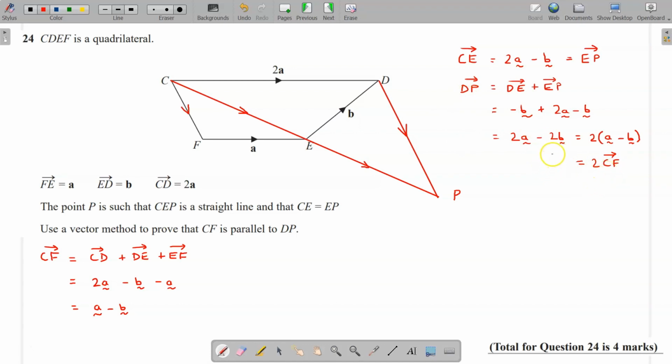So I'm just going to put here that DP equals 2CF, therefore parallel. And that's how you prove using a vector method that those two vectors are parallel.